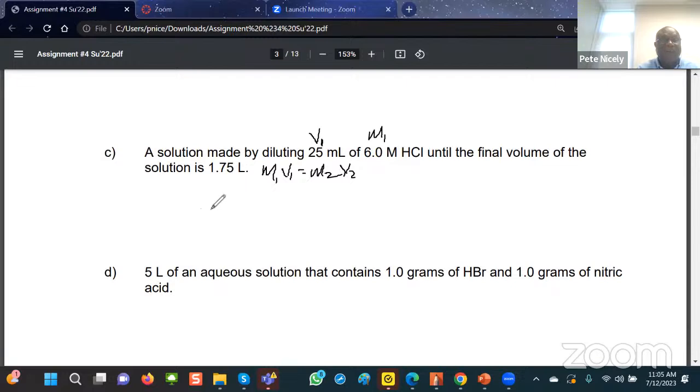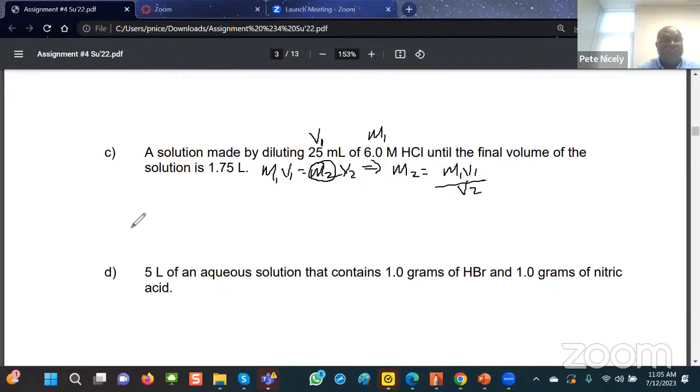So let me do this first. You want to find out what M2 is, right? So M2 will be equal to M1 V1 over V2.